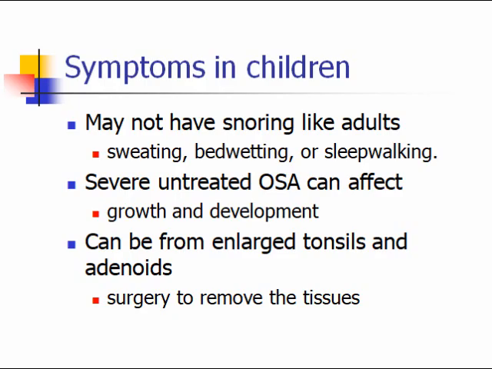If you don't treat it, if it's severe and it's untreated, it can lead to growth issues and other developmental problems. Some of this can be due to enlarged tonsils or adenoids, so they may not even be overweight, but they simply have enlarged tonsils or adenoids. And so here, surgery to remove that tissue can be very helpful.